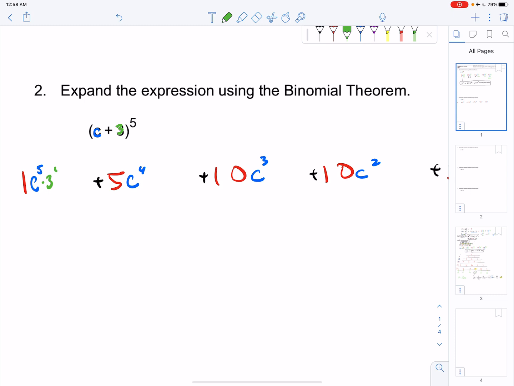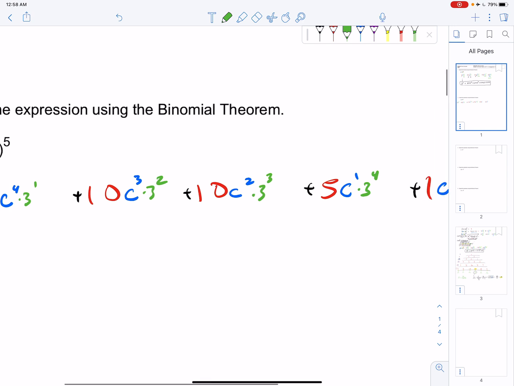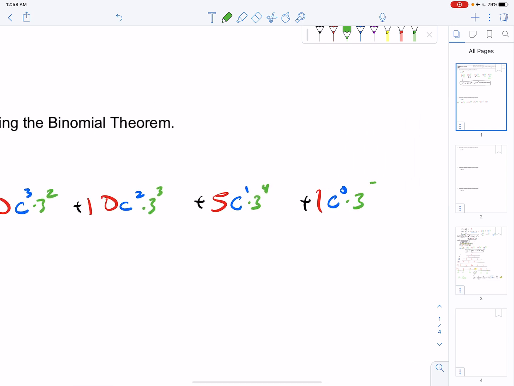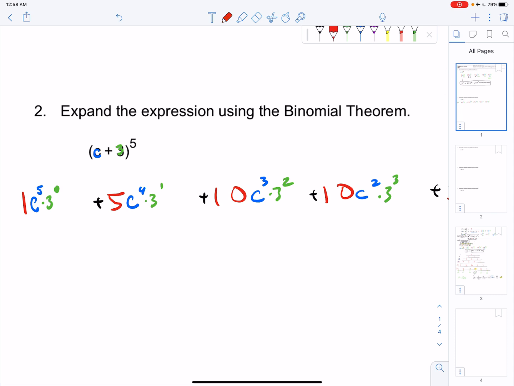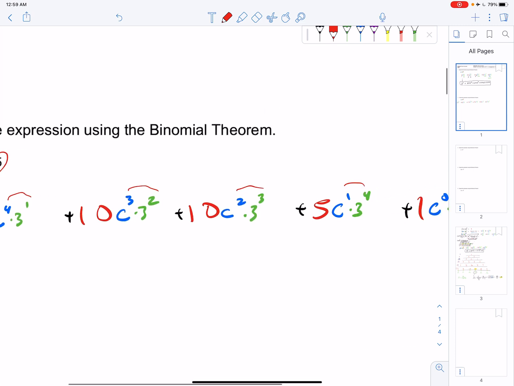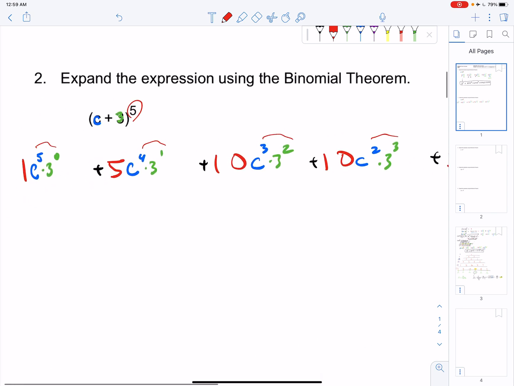This is going to be 3 to the 0, 3 to the first, 3 to the second, 3 to the third, 3 to the fourth, and 3 to the fifth. Once again, the original power is the fifth power, so each one of these powers must add up to 5. 3 plus 2 is 5, 2 plus 3 is 5, 1 plus 4 is 5, and 0 plus 5 is 5. So that's a good little check to make sure we're good to go.